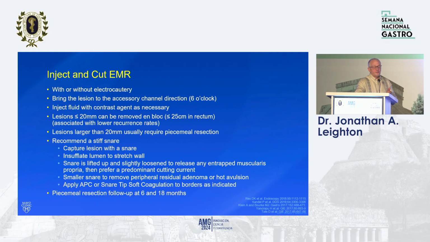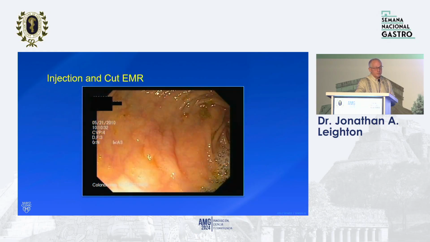You can then use the small snare to remove peripheral adenoma, or you can use a hot avulsion technique, and you can apply APC or snare tip soft coagulation to the borders as indicated. And then if you do a piecemeal resection, you want to follow up at 6 to 8 months.